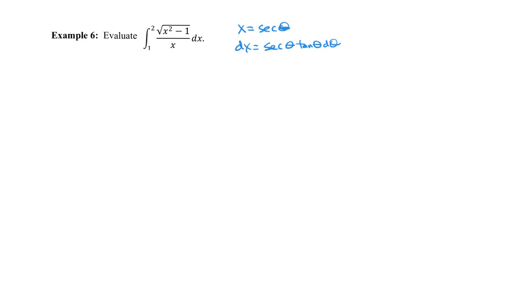Okay, now we did the substitution here, so once I start changing this, I'm going to do it with these limits of integration too. So if we start going here, we've got x squared minus 1, so that's going to be secant squared theta minus 1 under the radical, and then x down here is going to be secant theta, and dx is secant theta tangent theta d theta.